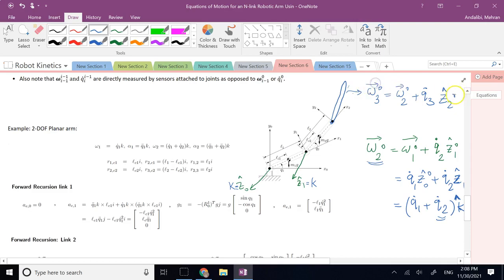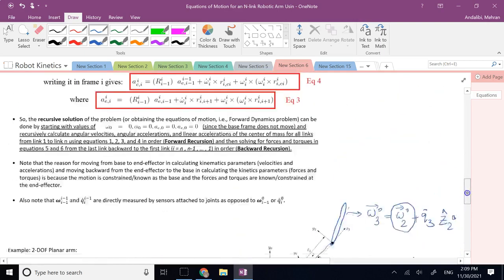The thing is, this omega of 2 with respect to 0, I do not have it. No sensor can directly measure the RPM of link 2 with respect to the base, because link 2 is mounted on link 1. So I can never get omega of 2 in 0. I can get omega of 2 in 2, really, with respect to the body attached frame.